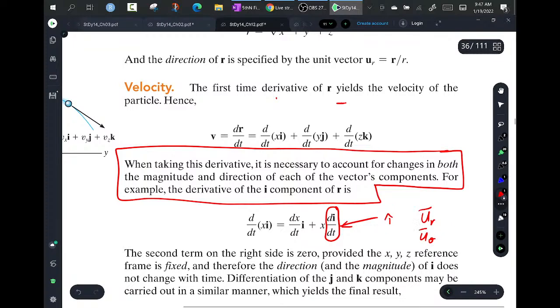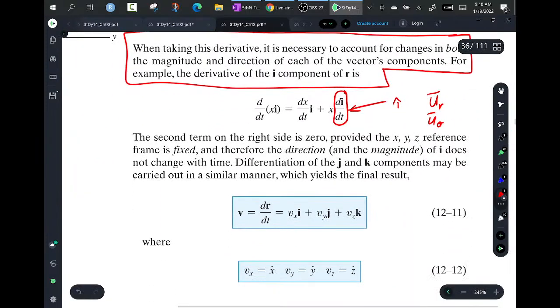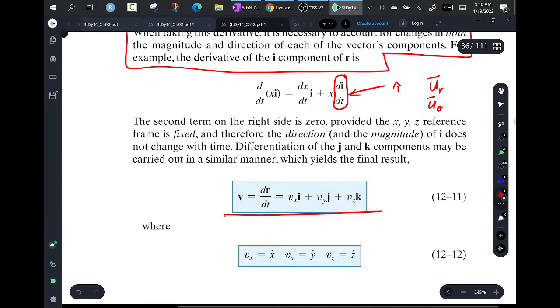Now, what is a base vector? It's i and j and k. Here's your i, here's your j. It is a unit vector, a vector of length 1, pointing in the direction of the coordinate. It doesn't change, so therefore this comes out of it.